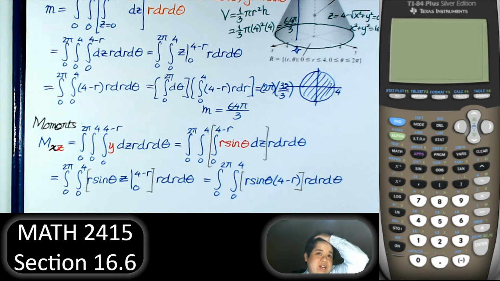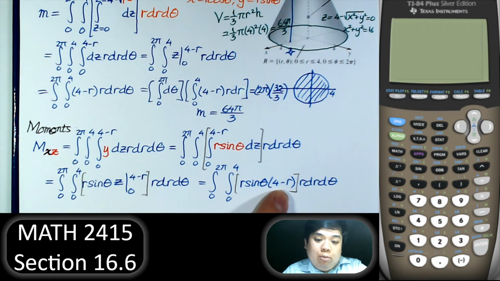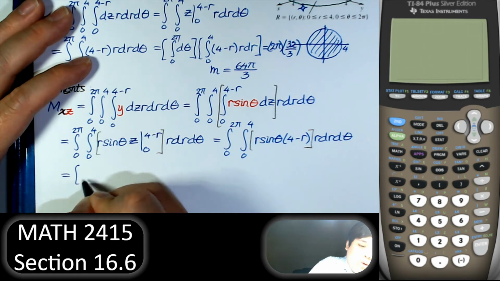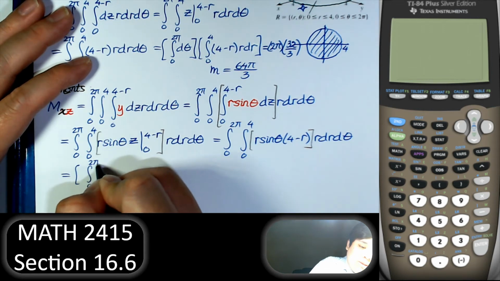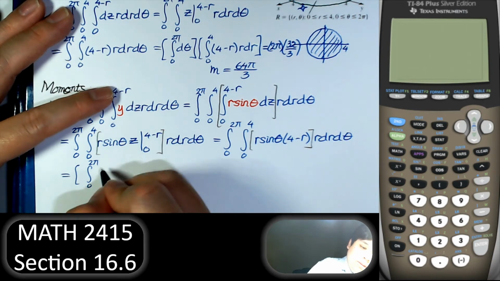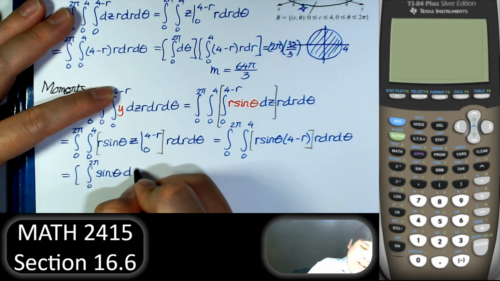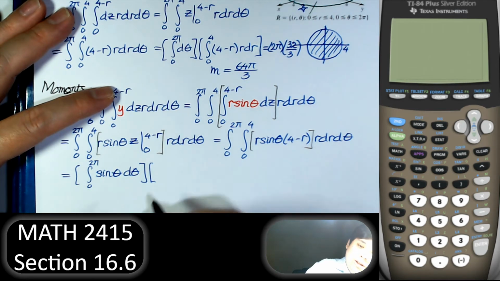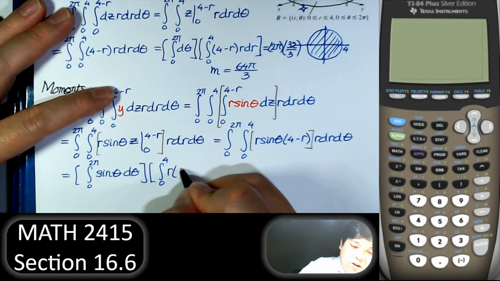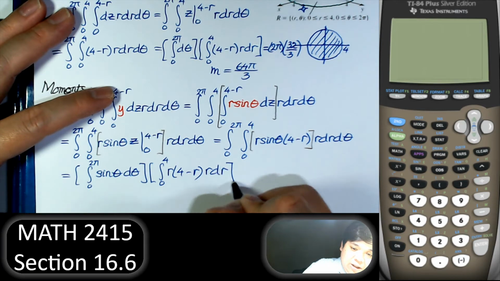Now Fubini's theorem will work here because the limits are constant and the function is separable. We can pull all the r together and all the theta together. First I pull the theta together. There's sine theta, right? And then all the r, 4 minus r dr.